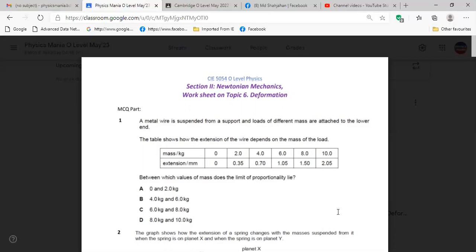Then for 6, it is 1.05. So it's increasing by 0.35 for every 2 kgs. For 8, how much is it? 0.45.